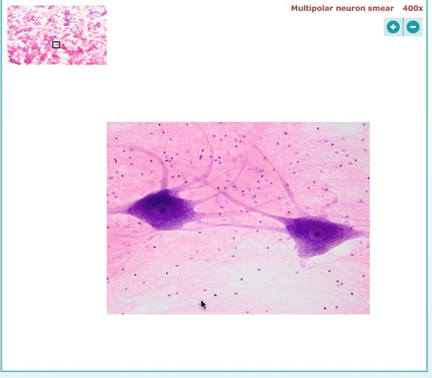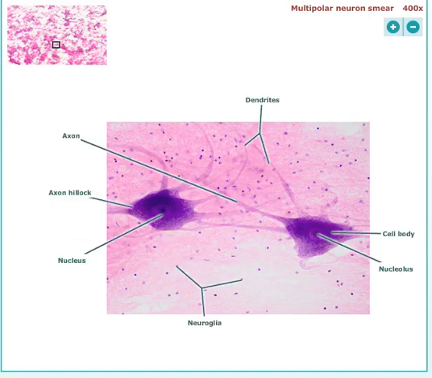And again, their role is insulation, protection, and there are many different types of glial cells that we'll get to when we do our nervous system video. But some of them you may have heard of, like Schwann cells and astrocytes and oligodendrocytes. Those are different types of glial cell.